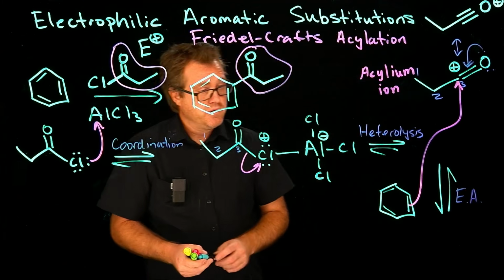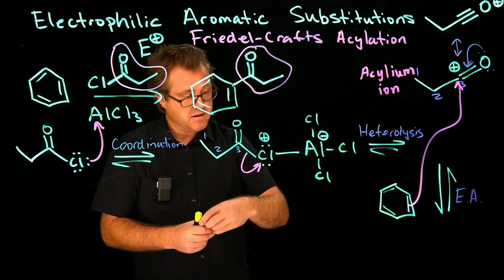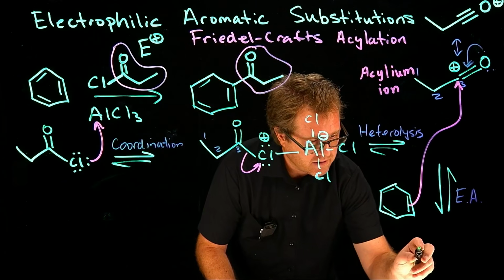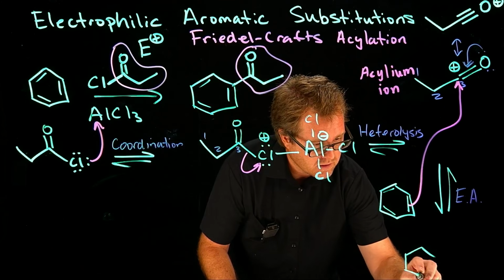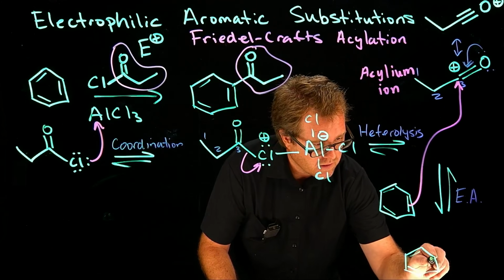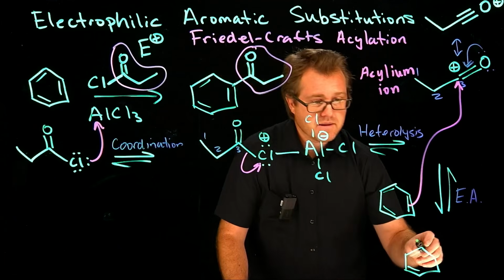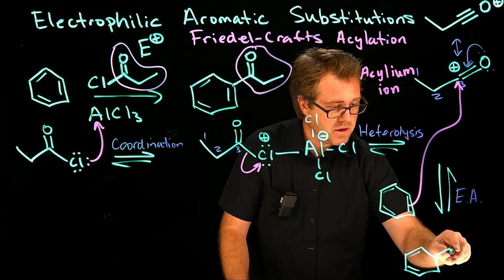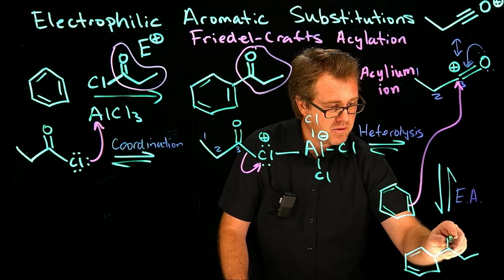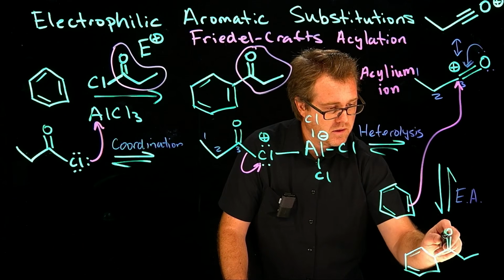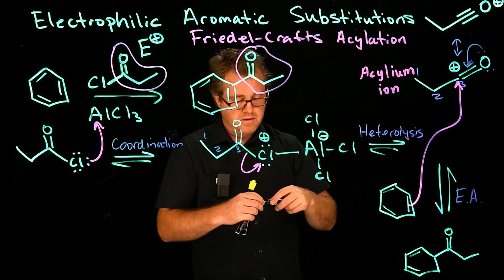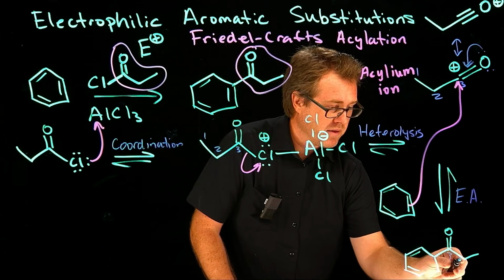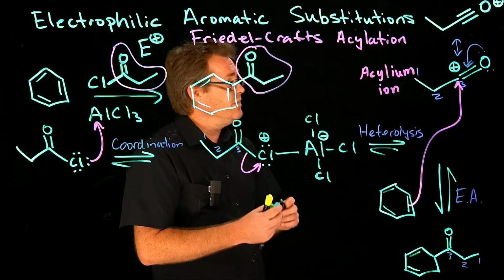And that's going to generate our product. And I'll draw it down here. So that carbon, 1, 2, 3, double bonded O. Just like that. So based off of that number code, you see that's carbon 3, 2, and 1.